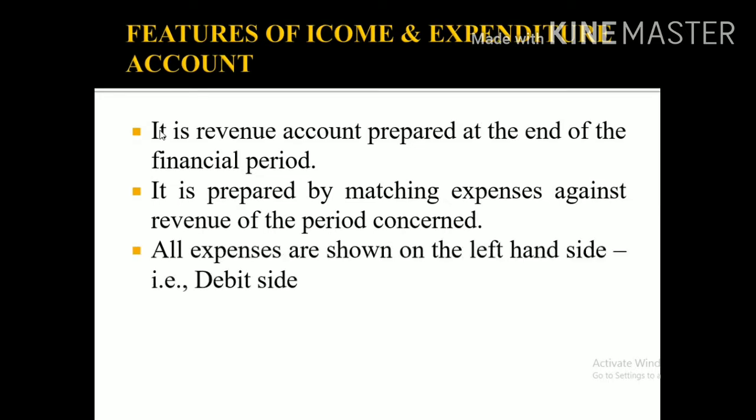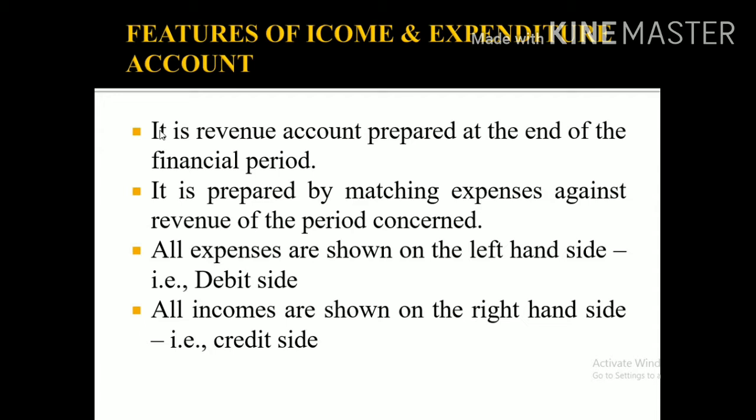Point number 3, all expenses are shown on the left hand side, that is the debit side, and point number 4, all incomes are shown on the right hand side, that is the credit side.